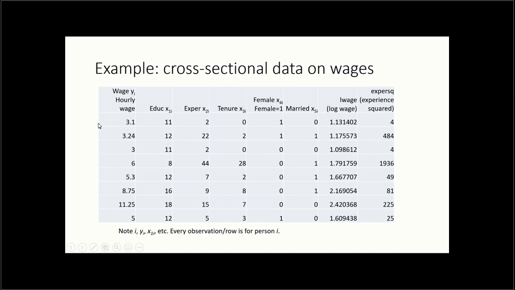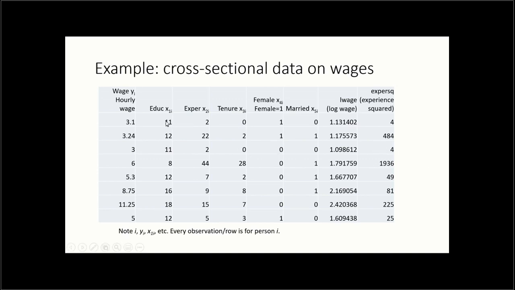That was not provided in the data, but I know that for the first person in the data, this is the wage. That's their education, that's their experience, that's their tenure. So this i behind each variable denotes that we're talking about the value for the person i. And again, you can see that different variables we would denote by x1, x2, and x3. This is more generically describing education, experience, or tenure in this case.